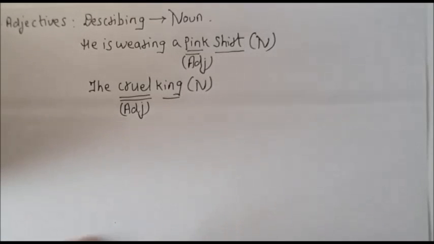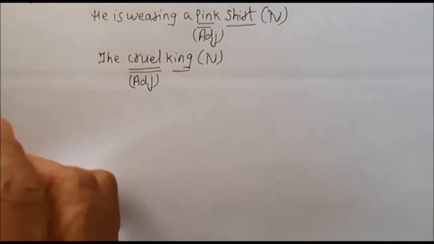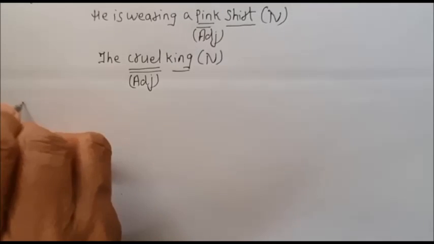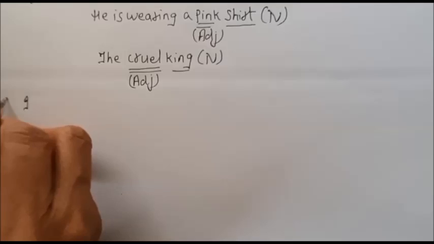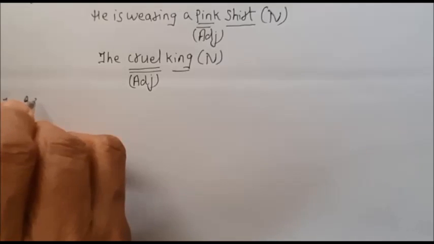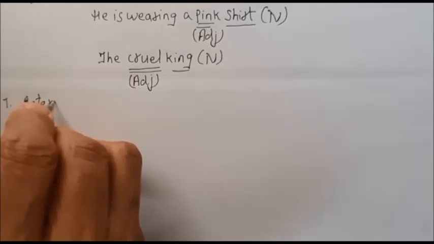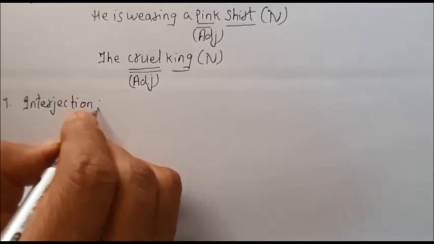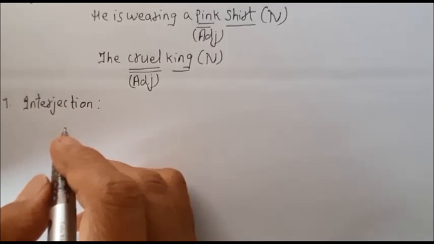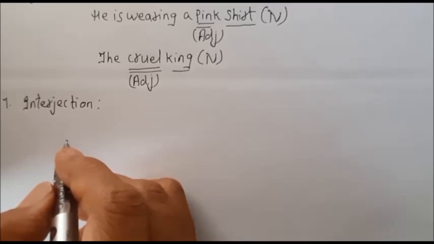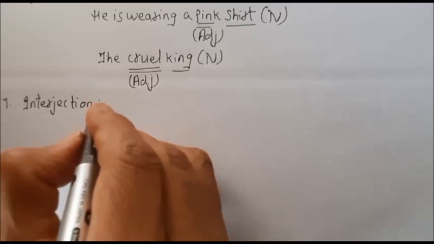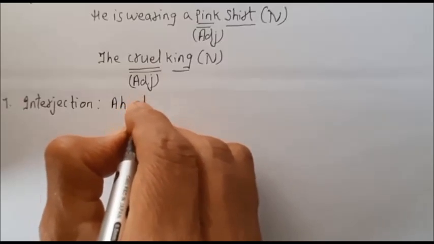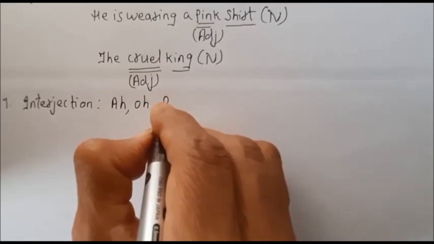Now the next as we move ahead, we can take it as interjection. Yes, the seventh is interjection. What do you mean by interjection? That is when you are expressing your emotions. So it's a form of expression like yeah, oh, or you use alas.